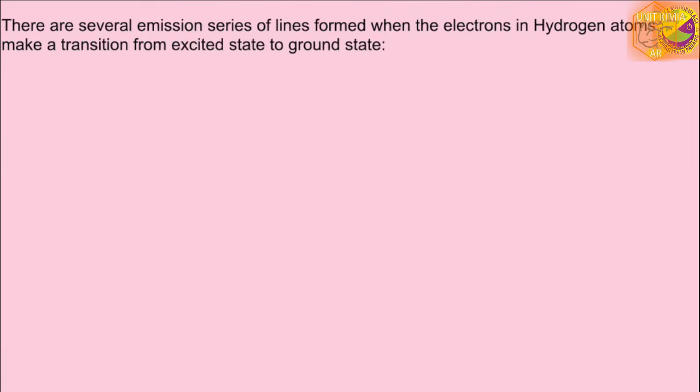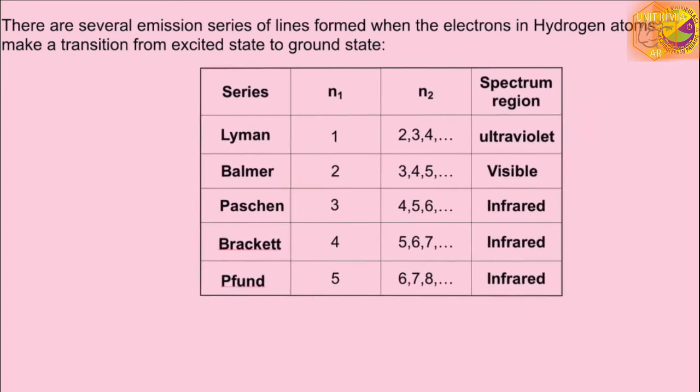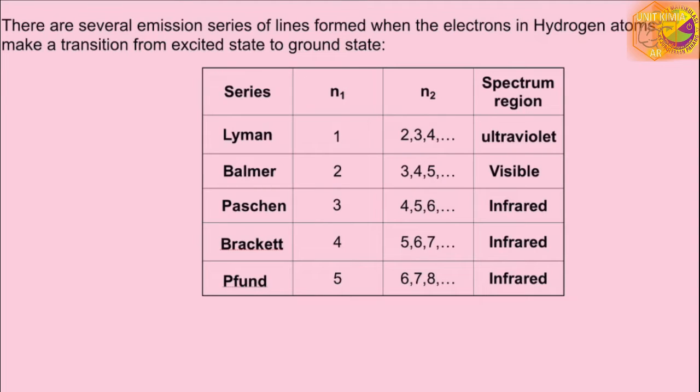There are several emission series of lines formed when the electrons in hydrogen atoms make a transition from excited state to ground state. The emission series are Lyman, Balmer, Paschen, Brackett, and Pfund.